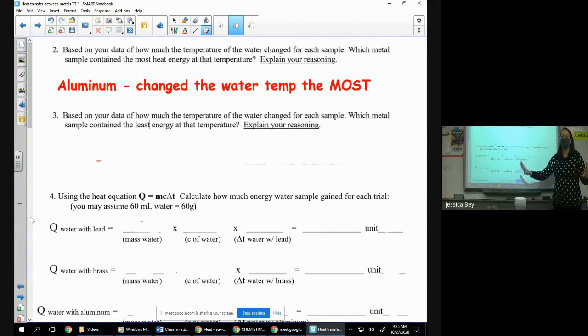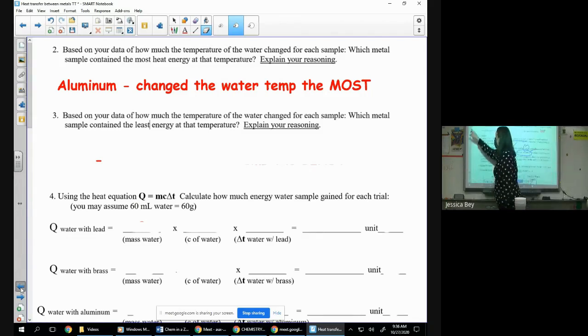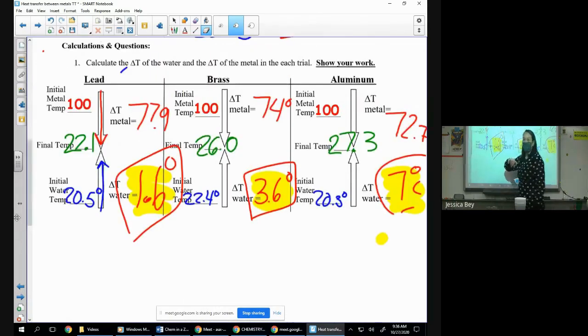Okay, awesome. So with that, based on your data of how much temperature changed the water, which sample contained the least amount of energy? Anybody here? Which one would have the least amount of energy in it? Talk to me. The lead. The lead, because it only changed the temperature a little bit, right?